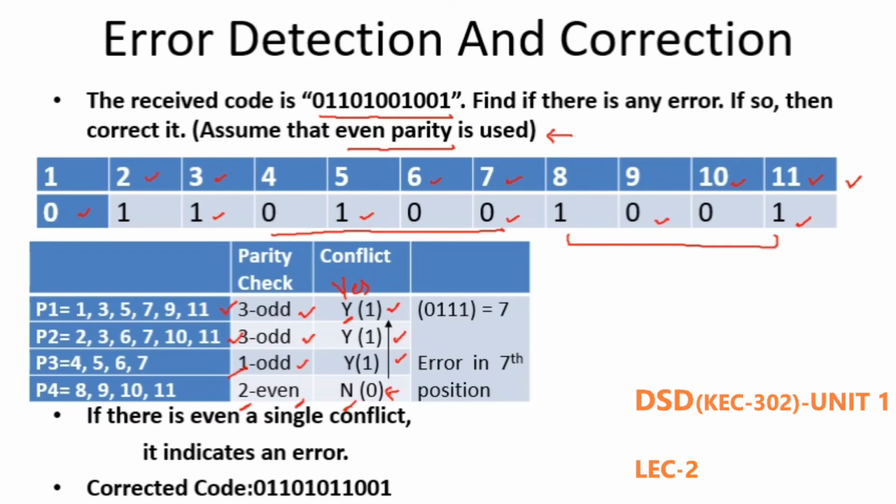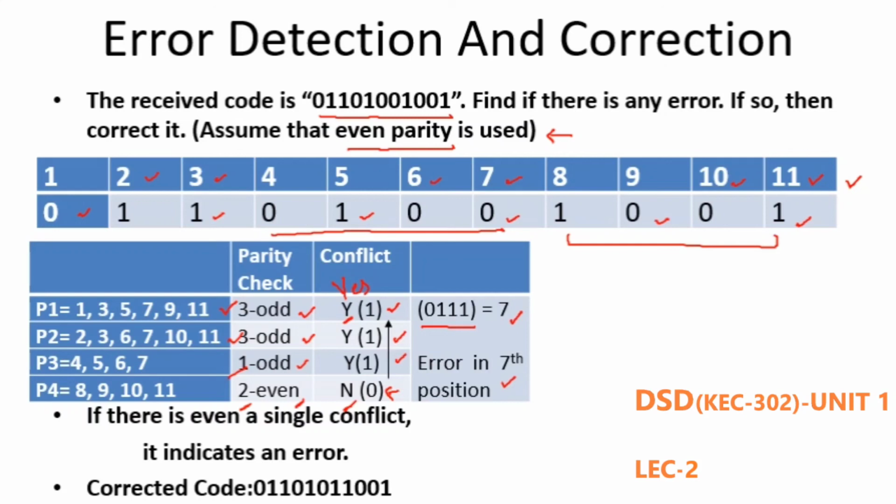Now arranging these conflicts, replacing yes by 1 and no by 0 in reverse order, I am getting 0, 1, 1, 1. This 0, 1, 1, 1 in decimal is equivalent to 7. That means there is an error in the 7th position. So if there is even a single conflict, then I can be sure that there is an error.